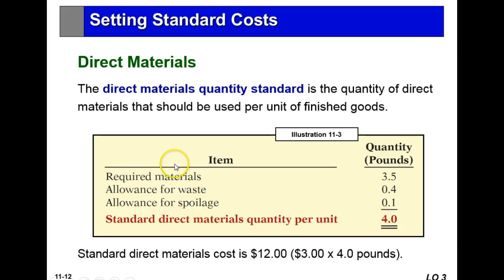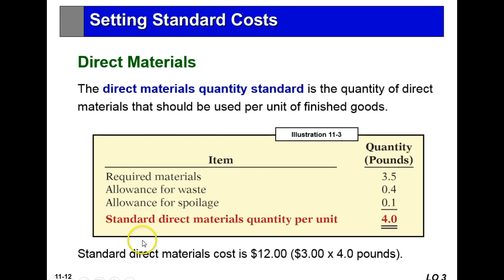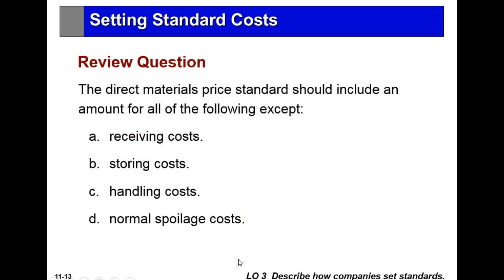In this scenario, the standard direct materials cost is going to be the 4 pounds times the price per pound, $3. So the material cost would be $12 based on both of those standards.